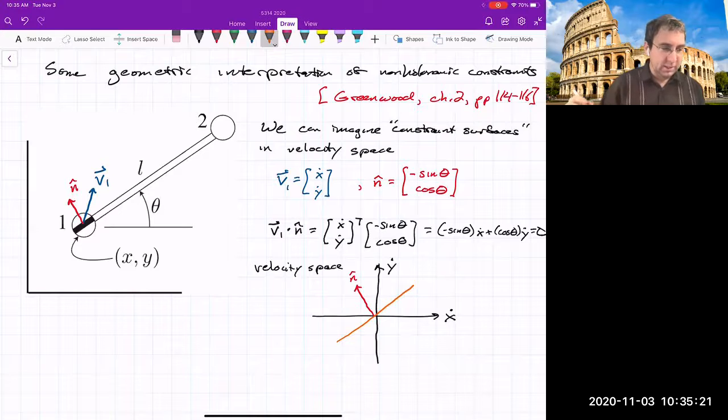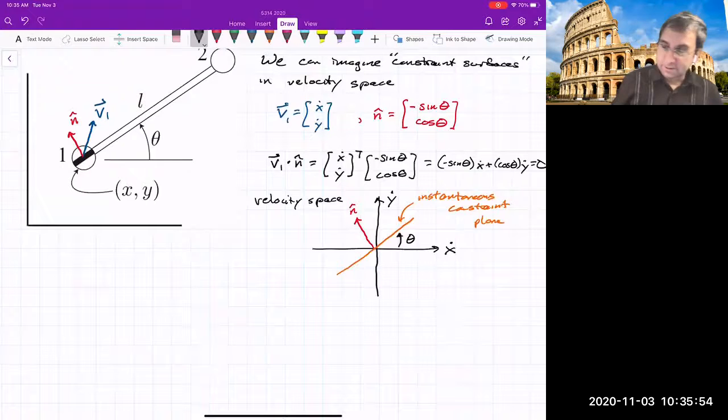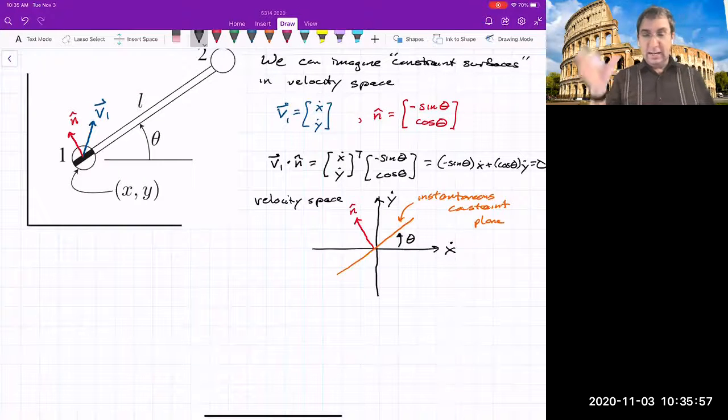This orange curve is the instantaneous constraint plane. It tells us instantaneously what direction our velocities can be. It could only be in this direction. Now, as theta changes due to dynamics, that instantaneous constraint plane will change. But we can't just move in any old direction.